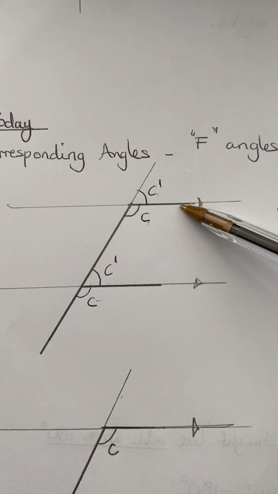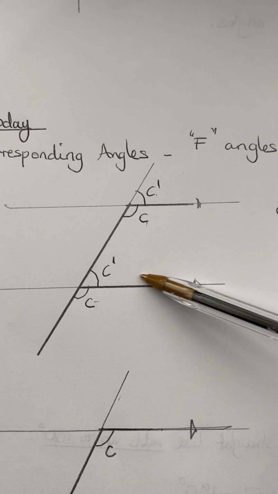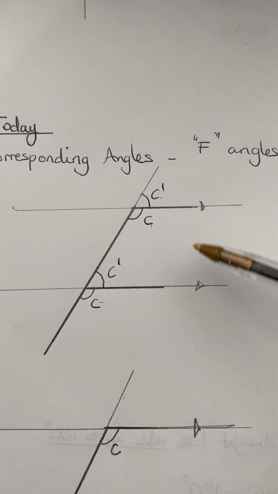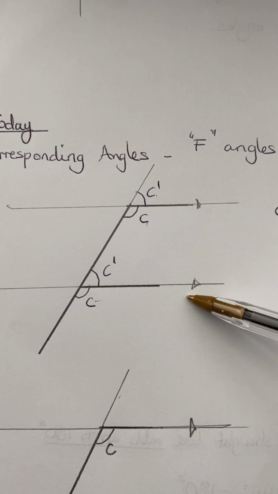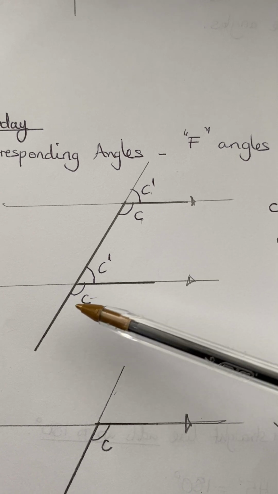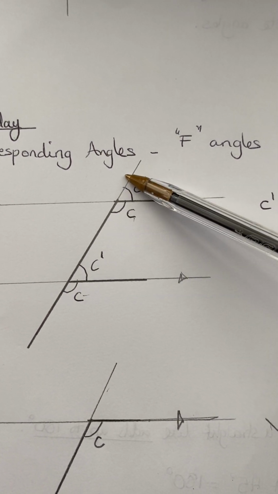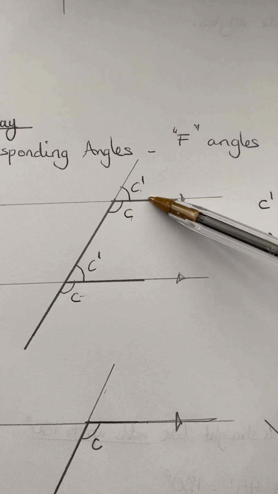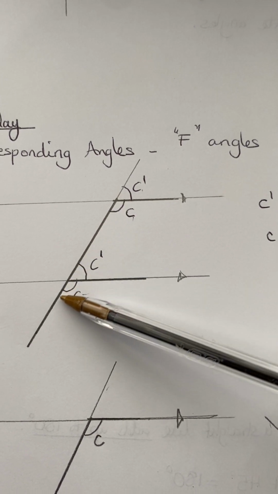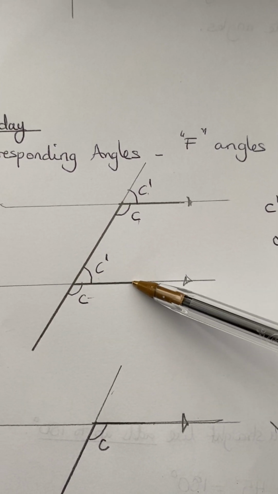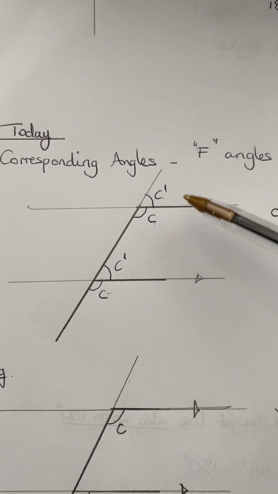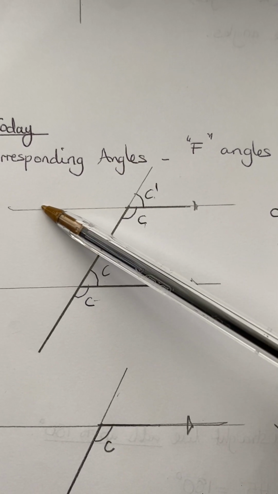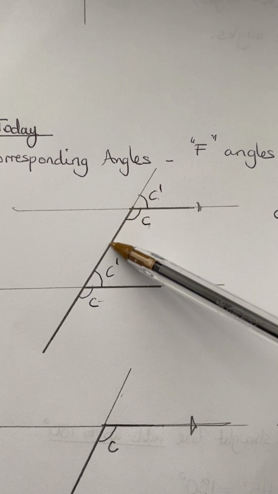And this is true on parallel lines. So these two arrows say they are parallel lines. So the line is here. I've taken the F, so this is my F here. You can also find an F in that way.